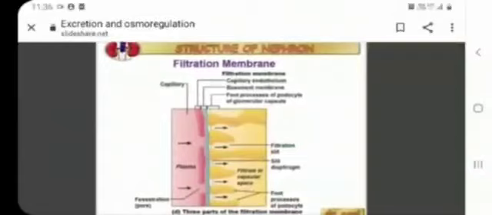It is the section where all the three structures are shown. First, the capillaries. Second, the filtration membrane or the basement membrane. And the Bowman's capsule, or the cell present in the Bowman's capsule, shown by the yellow coloration.